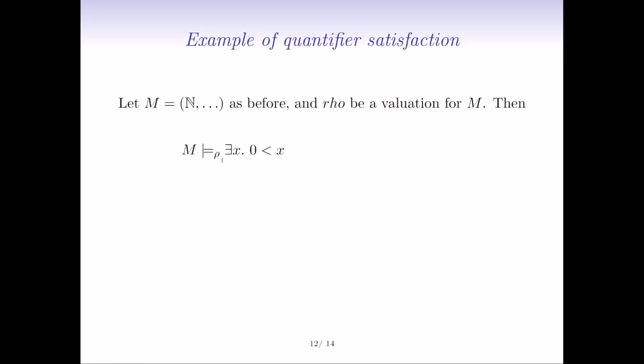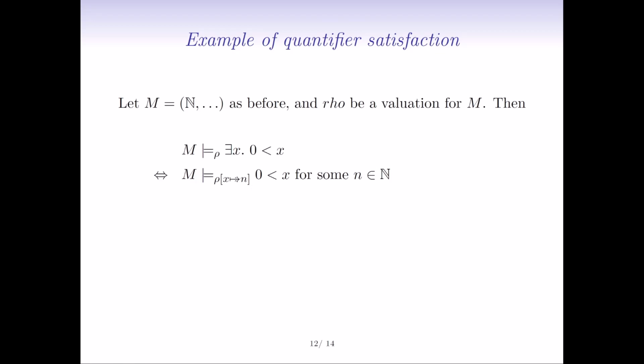Now let's consider the formula exists x such that 0 is less than x. So informally that formula should mean there's a number that is larger than 0, which is obviously true. And if we just work through the clauses of the satisfaction relation one at a time, we can check that that actually is the case.